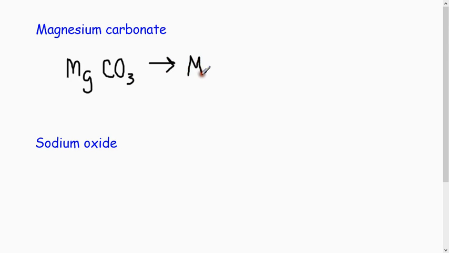So I'm going to put the magnesium with the oxygen. Again, magnesium has a +2 charge. Oxygen has a -2 charge, so I just get MgO when I crisscross. And for carbonates, my second product is CO2. If I go through and count atoms, this ends up being balanced with coefficients of 1 on everything.